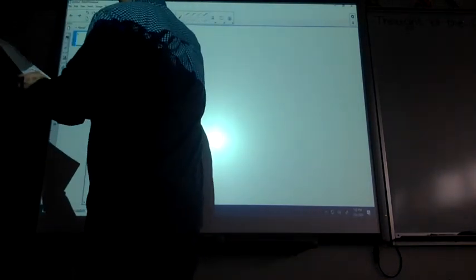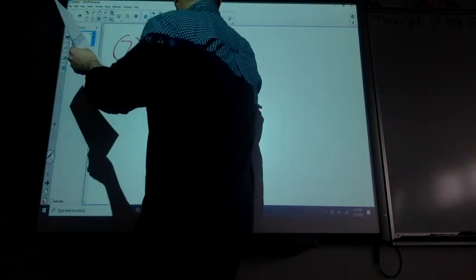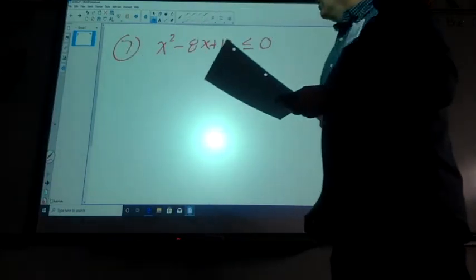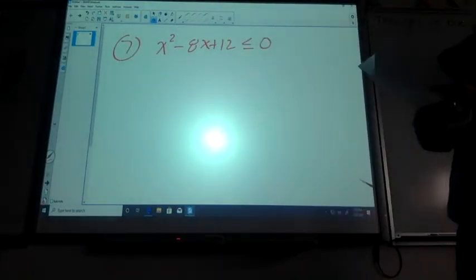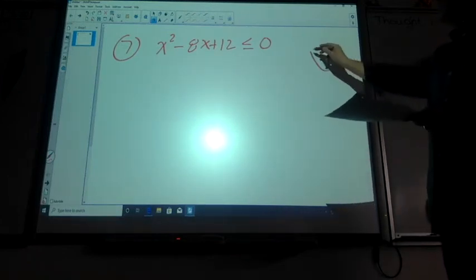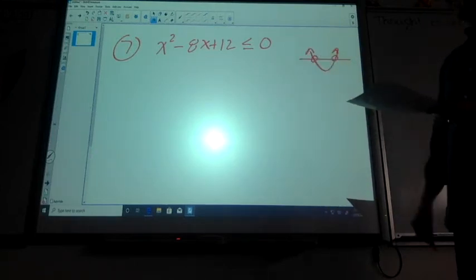We have, okay, classic problem. We want less than or equal to 0, so we're looking for where things are negative. So we have to think about that this would have been a parabola crossing here and here.